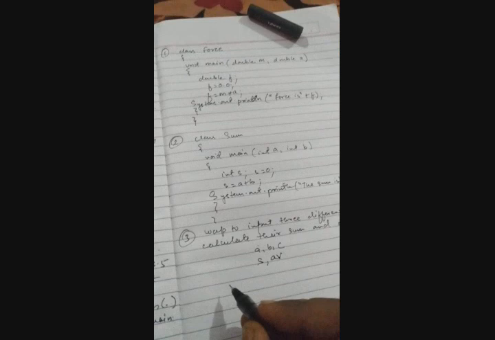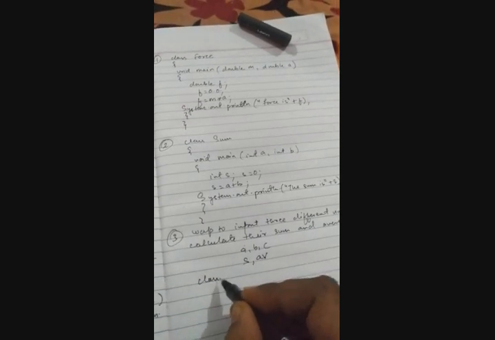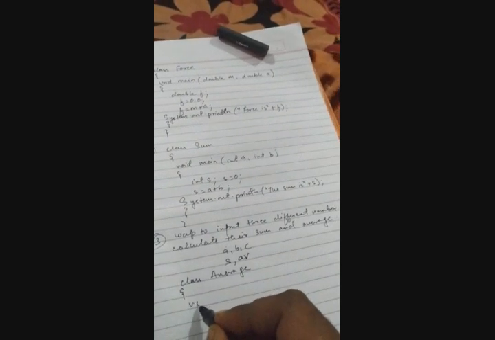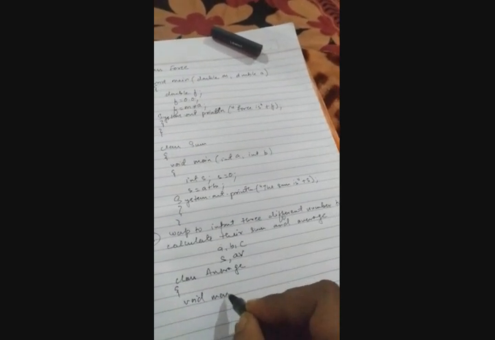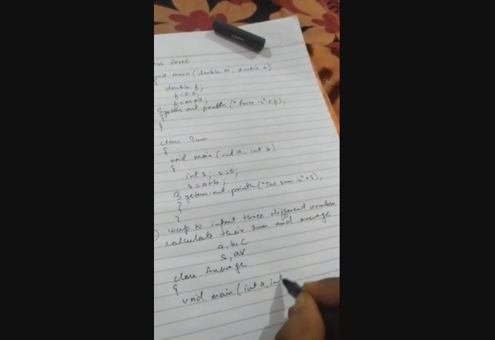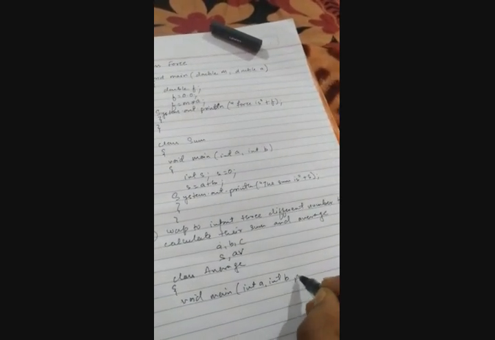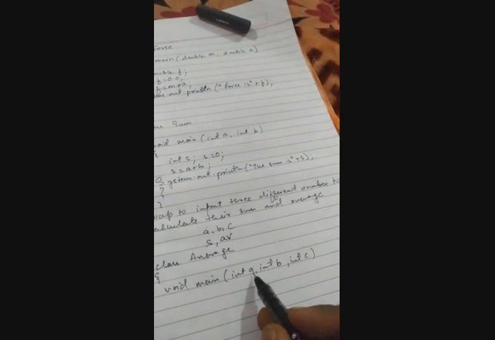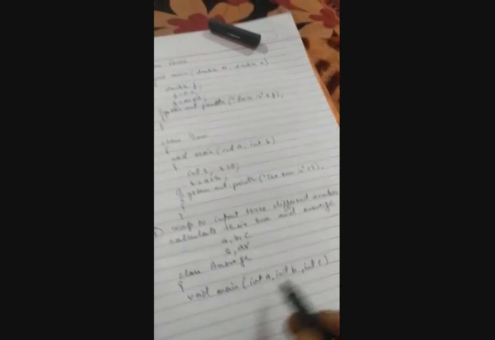Now let's write down this question. Class average, curly braces start, void main. int a, int b and int c.